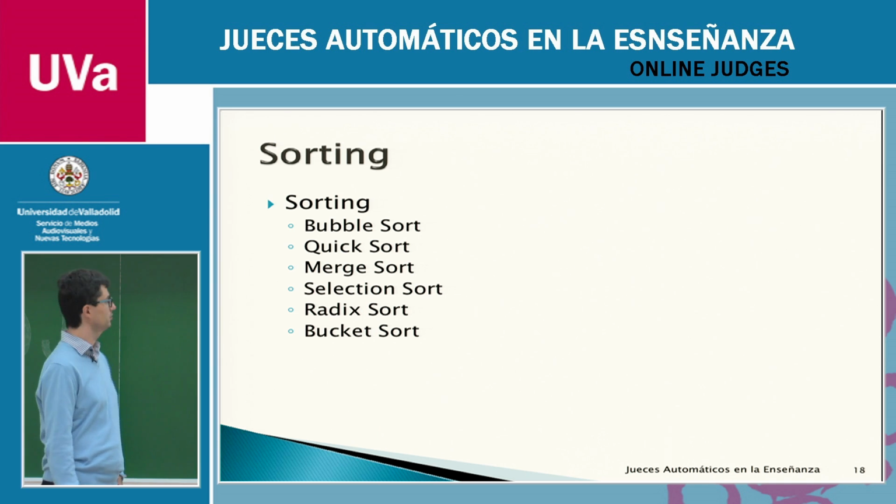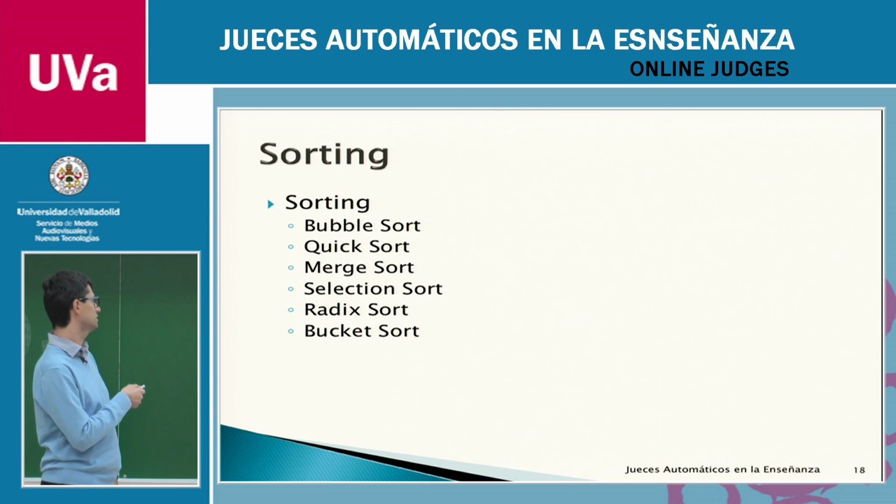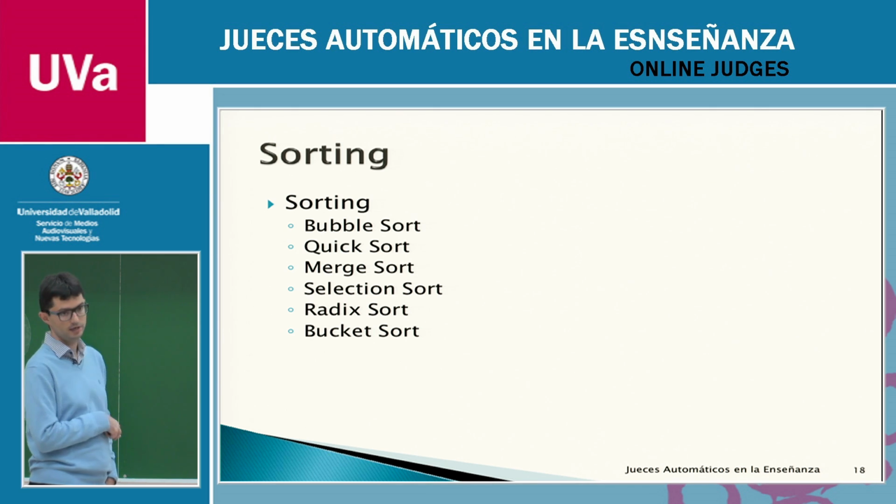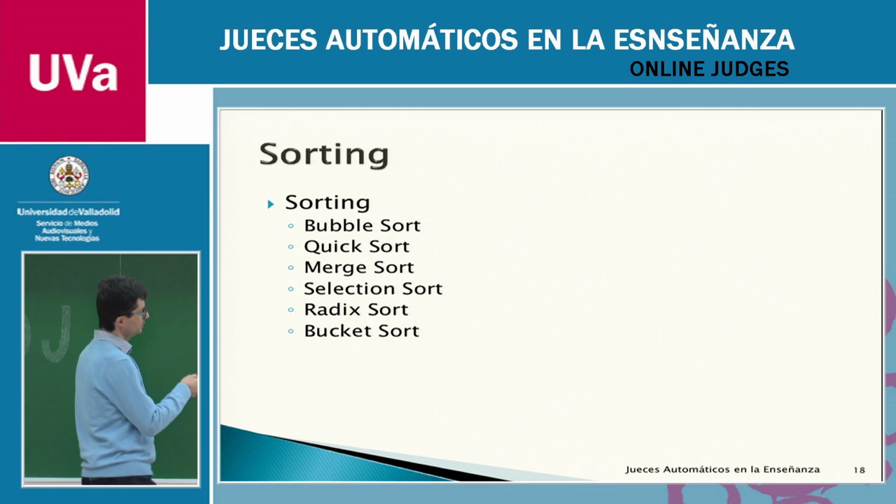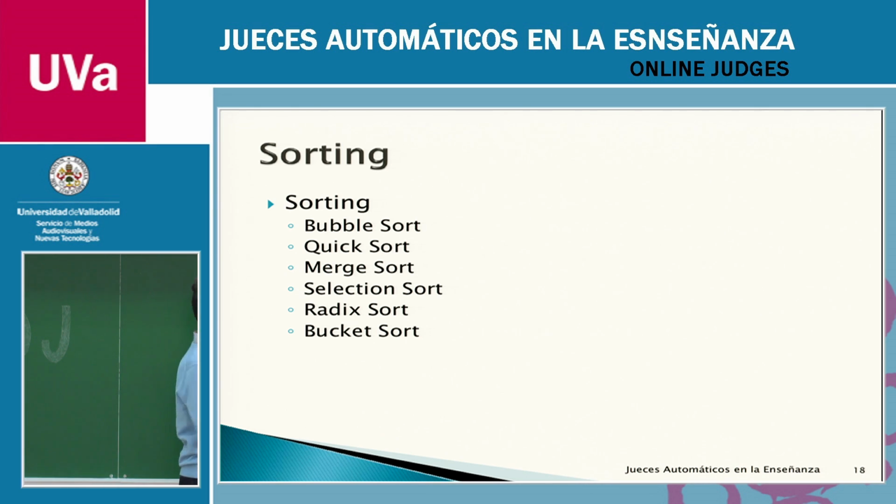Regarding sorting, these are classical sorting strategies, and sometimes these help you in solving problems. These first ones are the classical ones based on comparisons, and these two are the ones used for linear sorting.